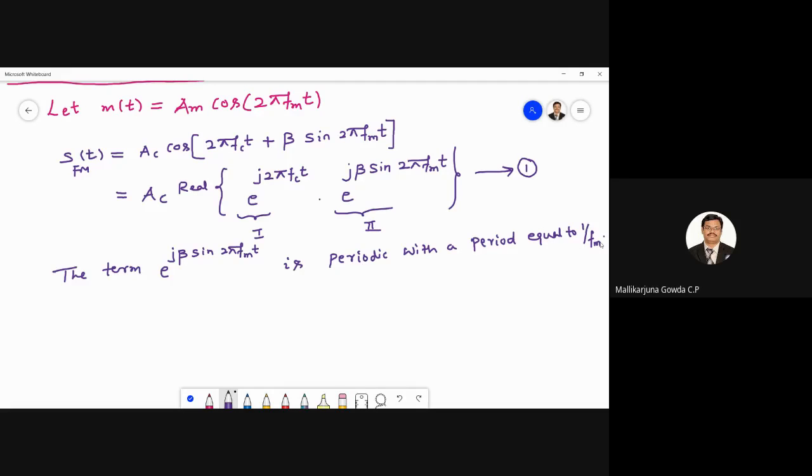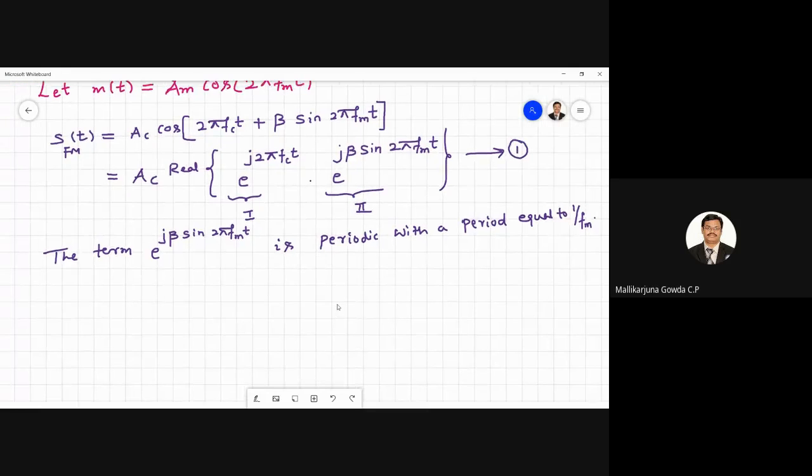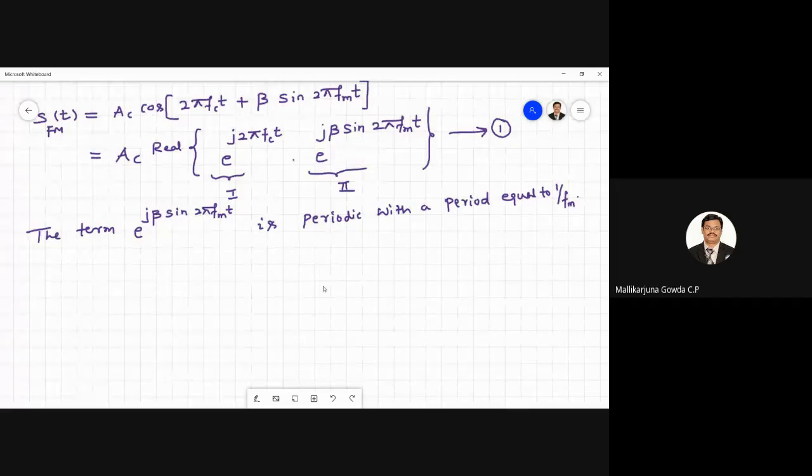So you all aware how to express a periodic signal by using complex Fourier series?